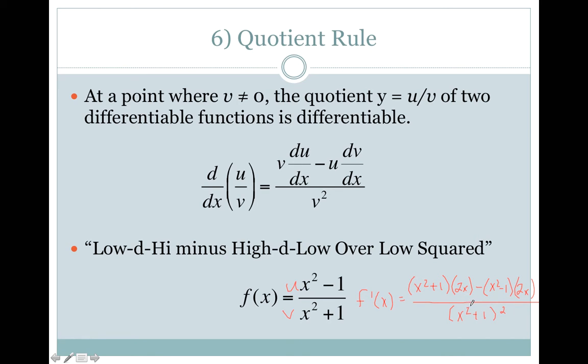And again, we could simplify this if we wanted to, but in this particular case, for the notes, we're not going to. We're just showing the process of the rules.